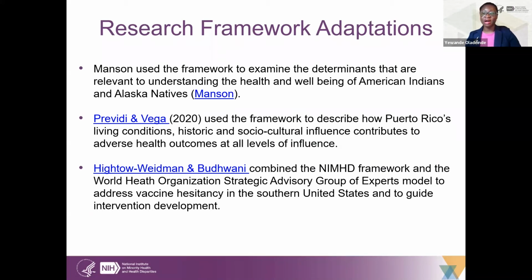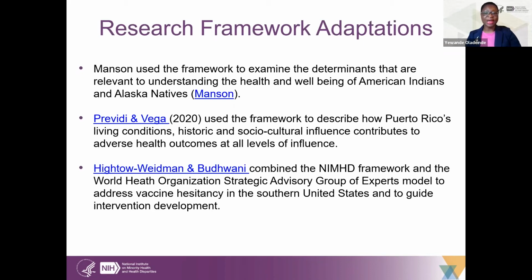Manson and colleagues adapted the framework to emphasize the determinants that are salient for the American Indian and Alaska Native populations. And the reason why they found this framework very useful was because many of the conventional research frameworks that are out there, they don't really consider, or they reside outside of the normal experience of non-native groups.